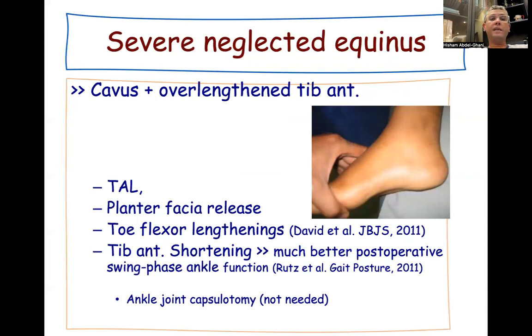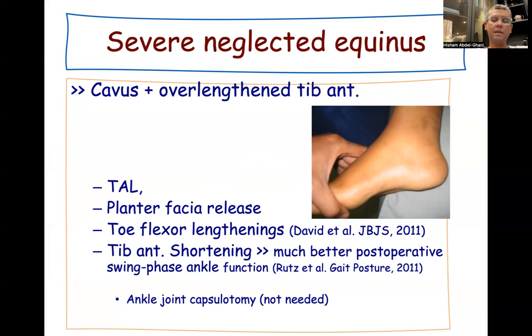In severe neglected equinus deformity, when the patient is older with rigid equinus, we may do, in addition to the plantar flexor release, plantar fascia release. It may require long flexor release of the toe flexors and tibialis anterior shortening, as I mentioned before. Ankle joint capsulotomy is not needed in these cases.